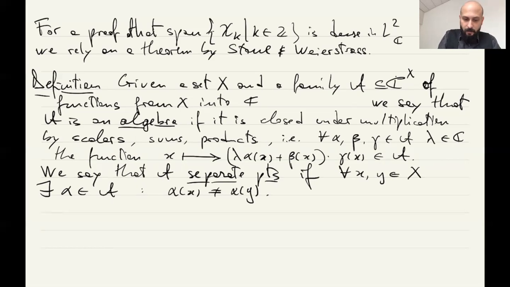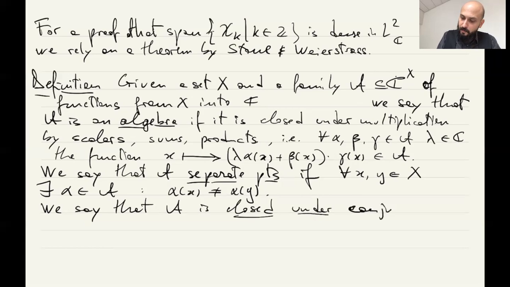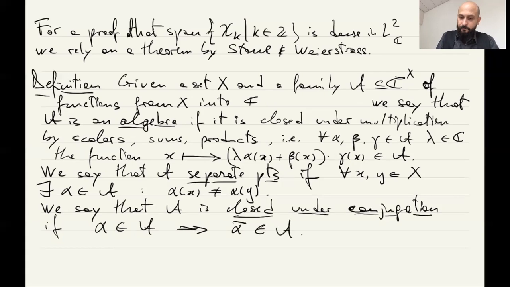And moreover, we say that A is closed under conjugation if whenever you have alpha in A, then the complex conjugation of alpha is also in A. Okay, these are the assumptions that we will have in the following theorem by Stone and Weierstrass.